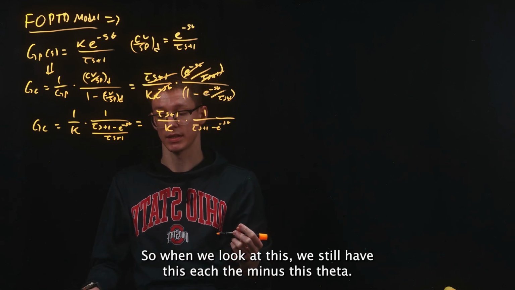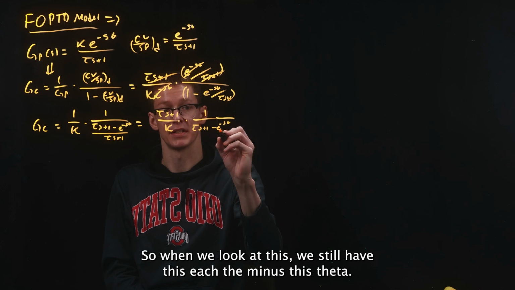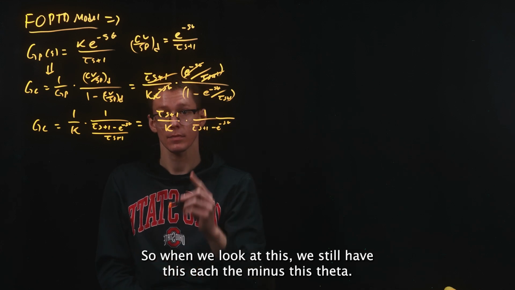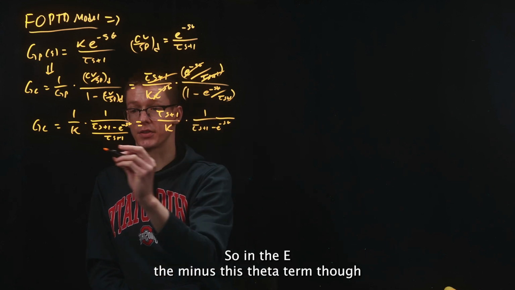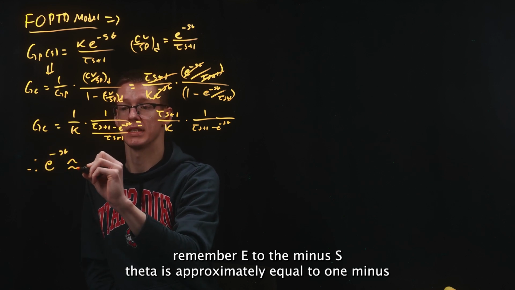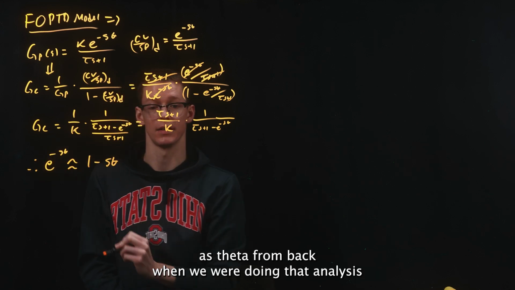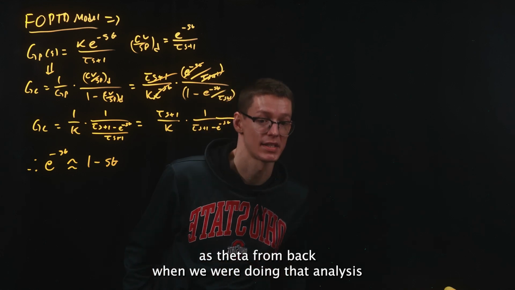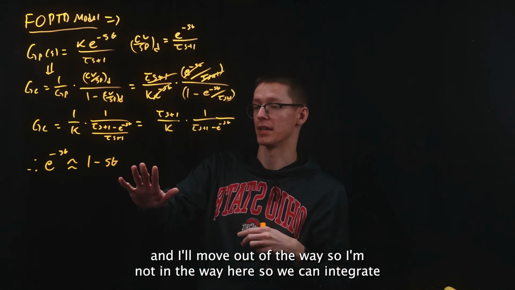So when we look at this, we still have this e to the minus s theta. Remember, e to the minus s theta is approximately equal to 1 minus s theta from back when we were doing that analysis. And I'll move out of the way so that I'm not in the way here.